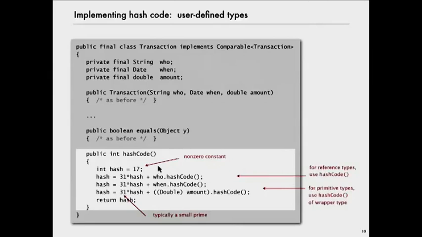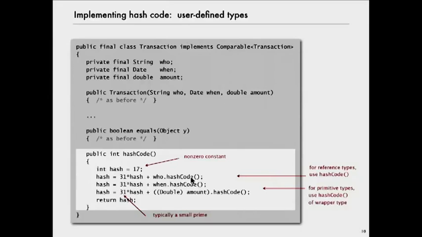So one thing to do is start out with some small prime number, and this mimics Horner's method to just add in more data as we get it. So we pick some other small prime number, and for each field we multiply by 31 and then add the hash code for that field.